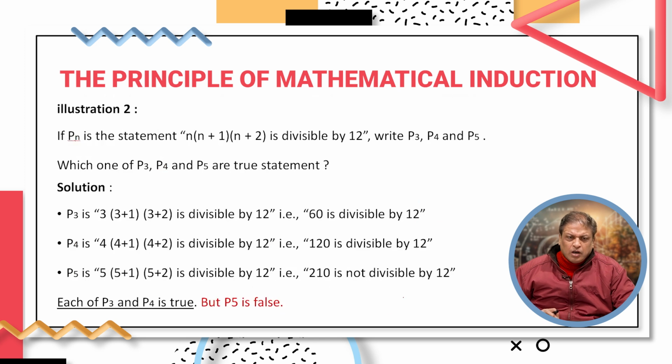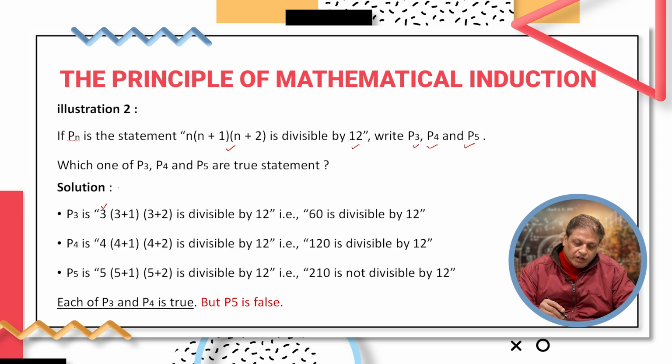Now, let me give you one more illustration: if Pn is a statement where n into n plus 1 into n plus 2 is divisible by 12, then write P3, P4 and P5. You can simply write P3, P4 and P5 by replacing n by 3 in the case of evaluation for P3.